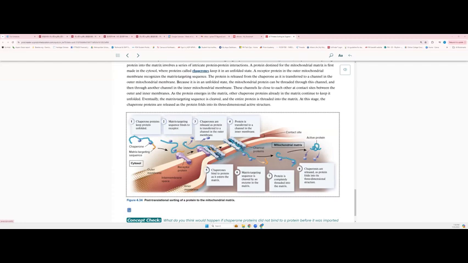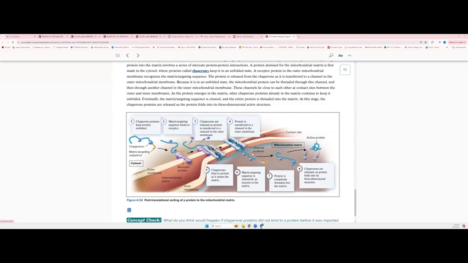So it binds to a receptor, and then there are protein channels through the membranes. It goes through here, first into the outer membrane. Then the protein goes further, to the channel into the inner membrane.